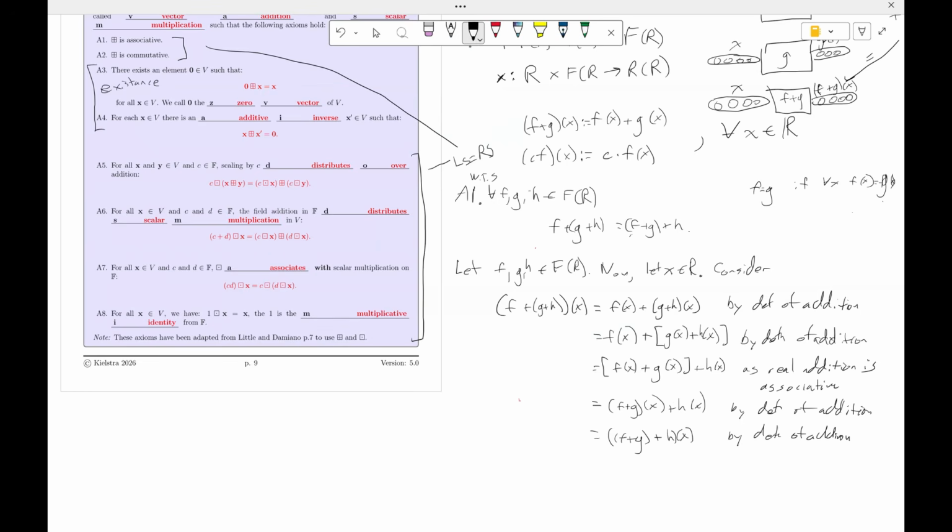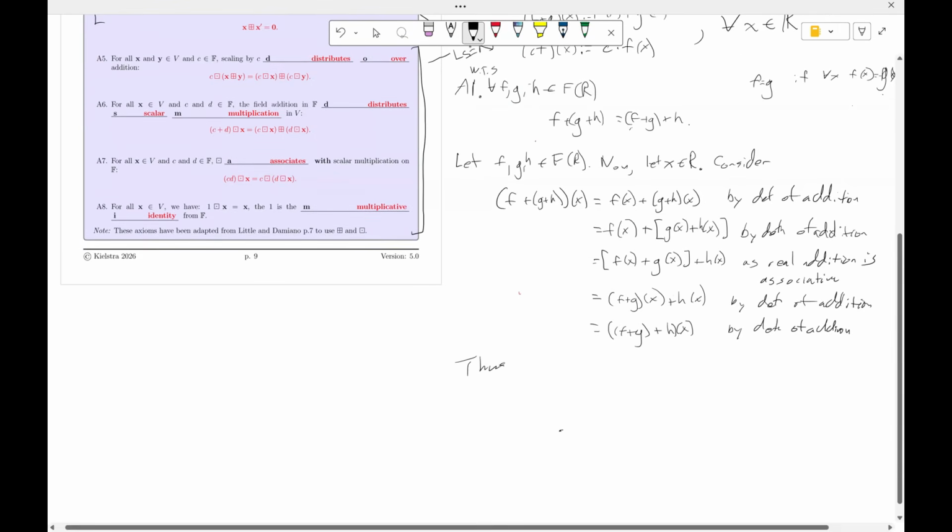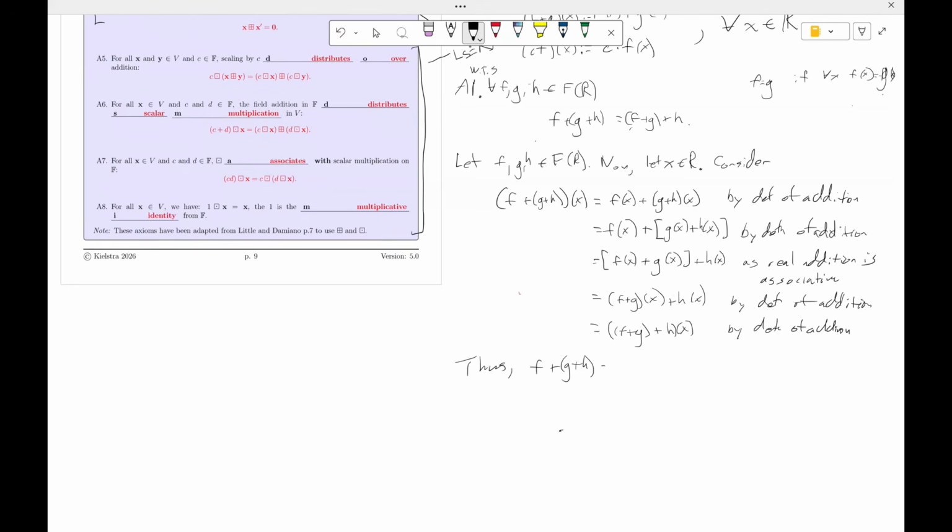And now if we look at it, this is my left function of x, and it's equal to my right function of x. Thus, f plus g plus h equals f plus g all plus h, as the outputs are all equal. And this is the approach that we would take to prove left side equals right side.